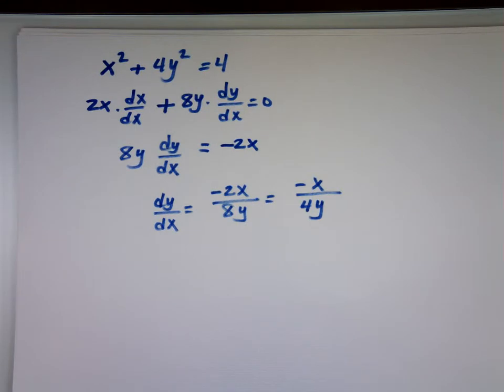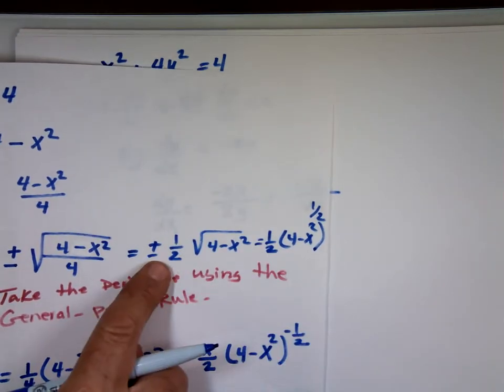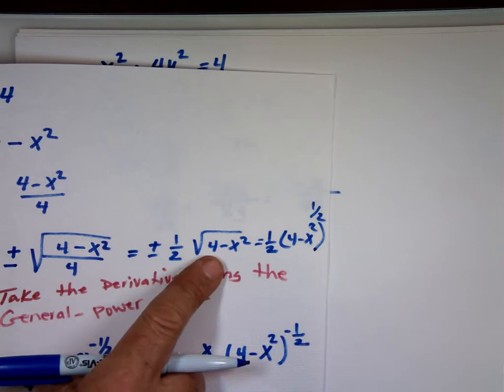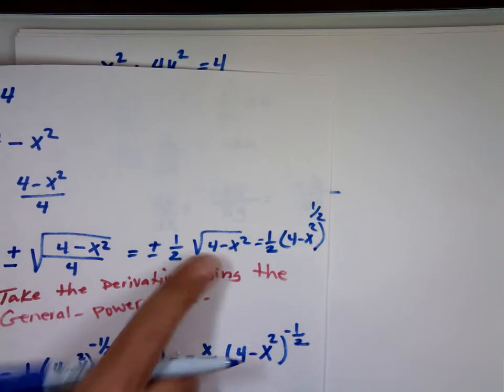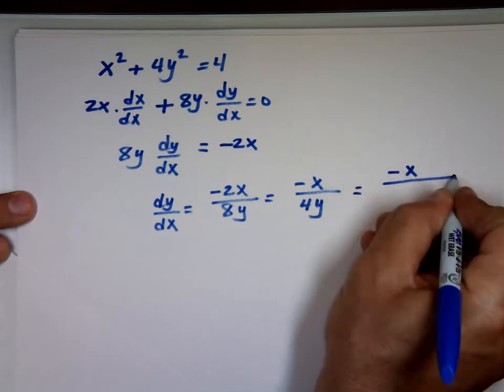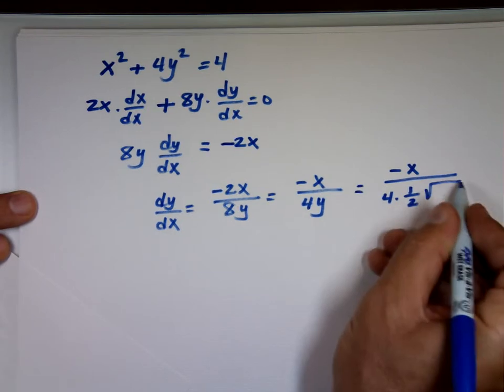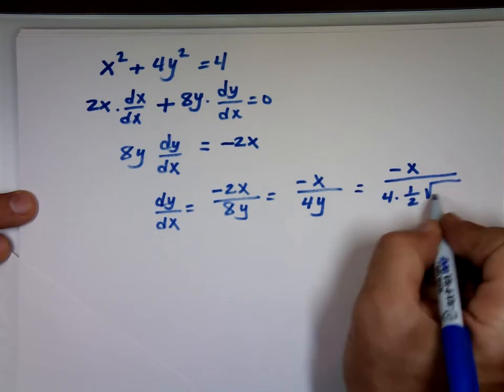But wait a minute. What is y equal to? Isn't y equals 1/2 the square root of 4 minus x squared from here? So if you plug it in, 1/2 the square root of what? 4 minus x squared.